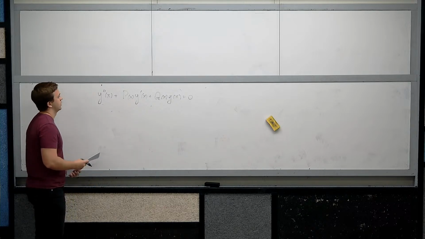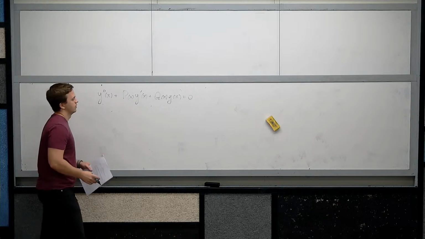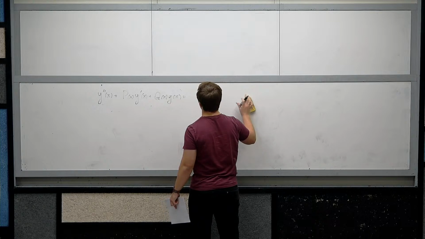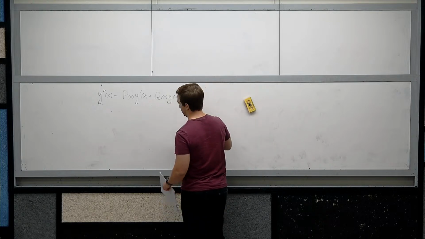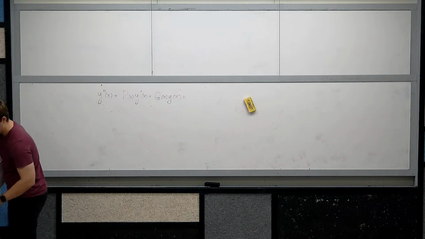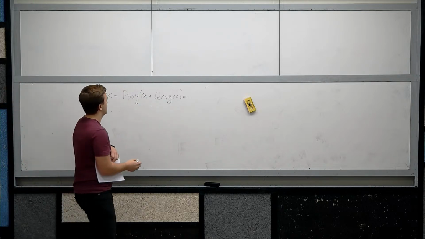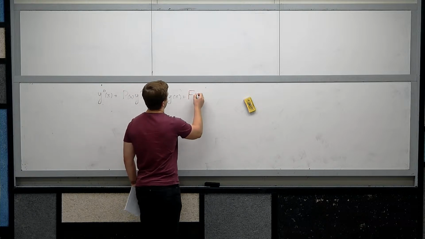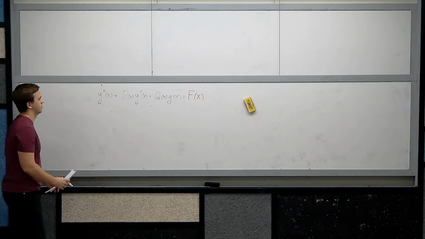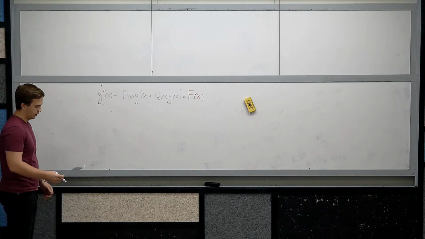So the question is how to now solve an inhomogeneous differential equation. In the first part of the tutorial, we will discuss some methods for how you can find the general solution for this equation.